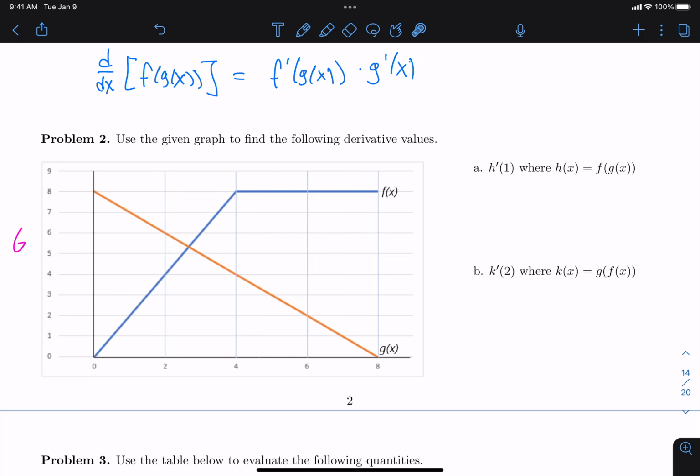Okay, so for the first one, like 1 to g of x. So you go to there, and g of x is 1, it's 7. So then you do f of 7, it's 8. The slope at 8 on f of x. Does that make sense? Yeah, but why does that help us? Oh, because it's saying h of y.